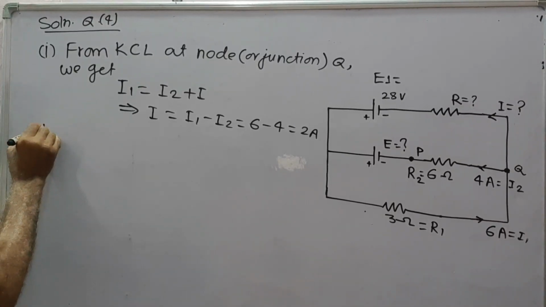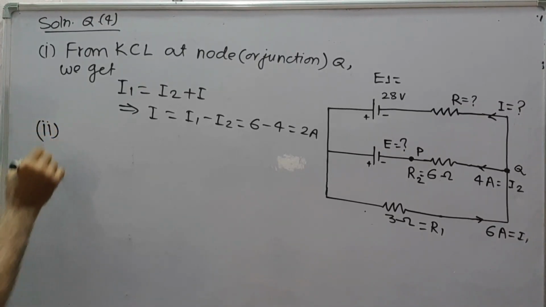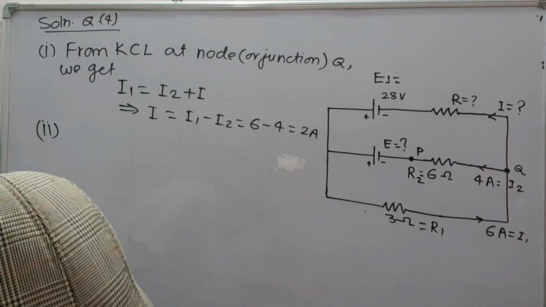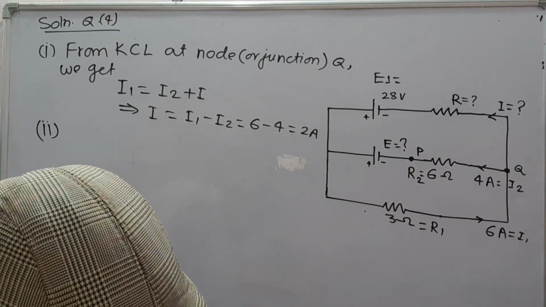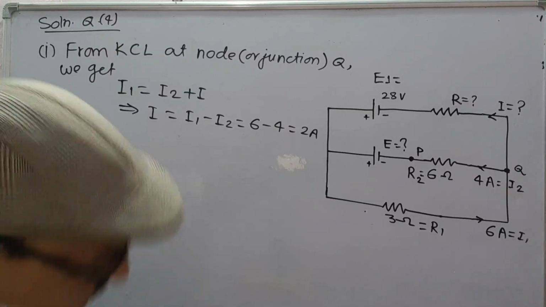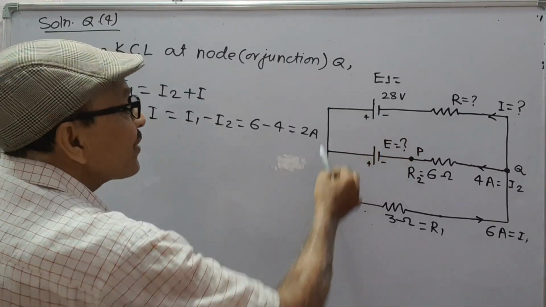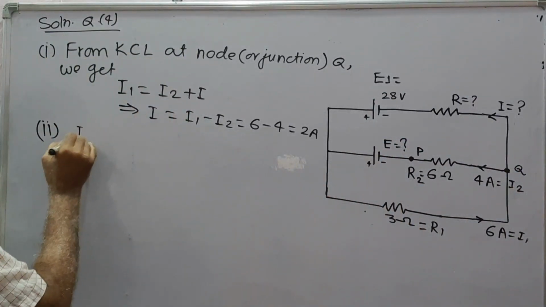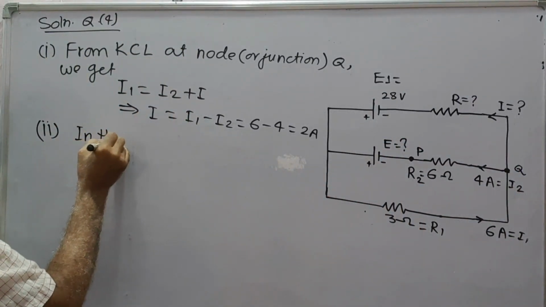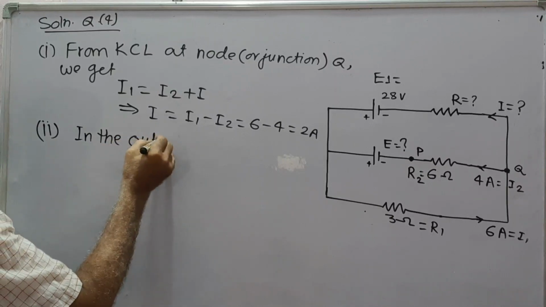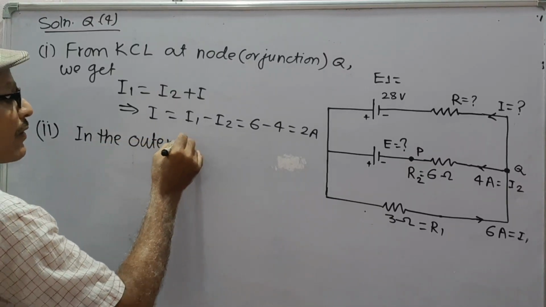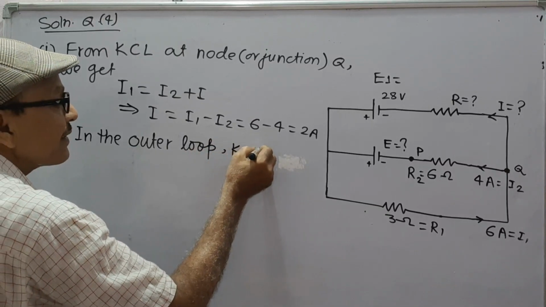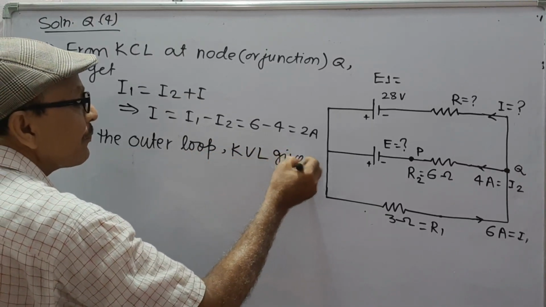Second part, in the outer loop, KVL gives Kirchhoff's voltage law.